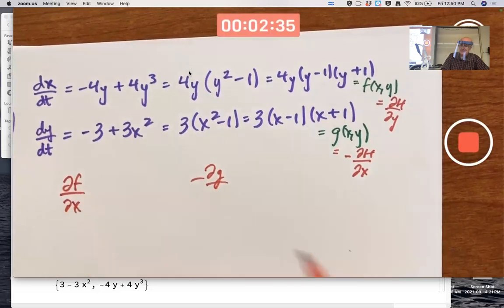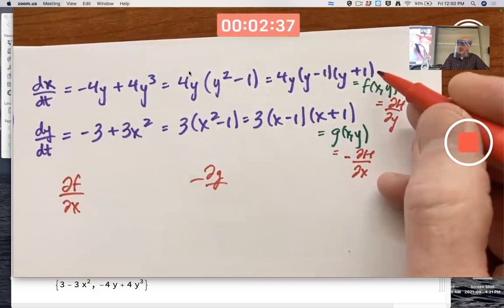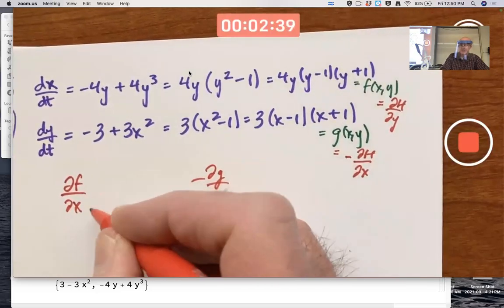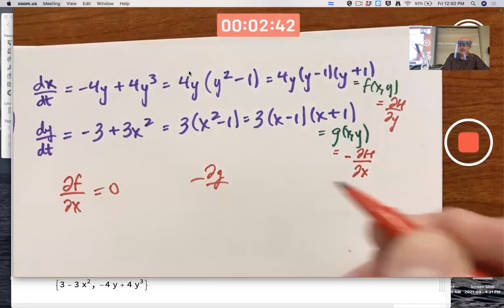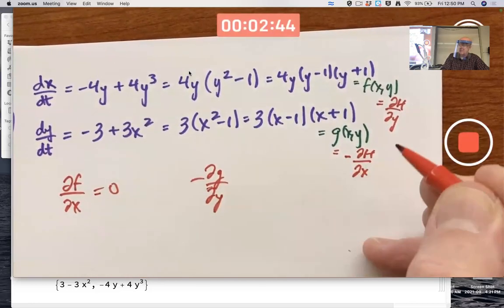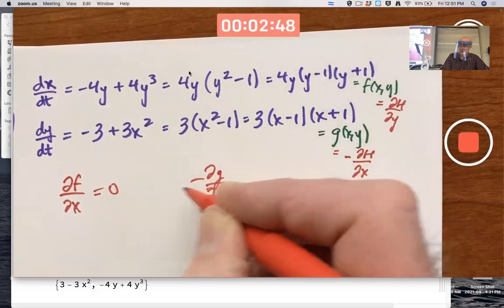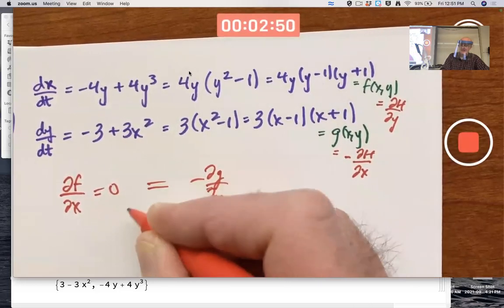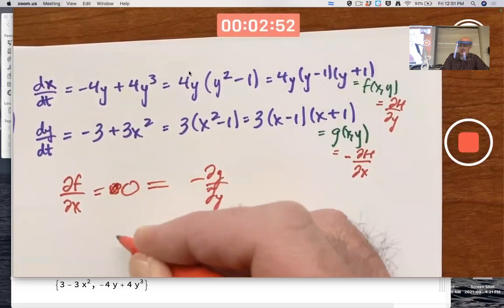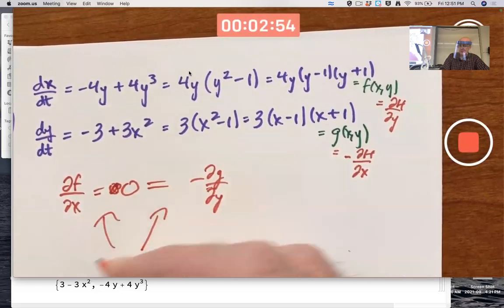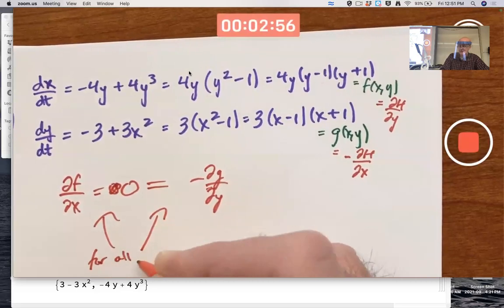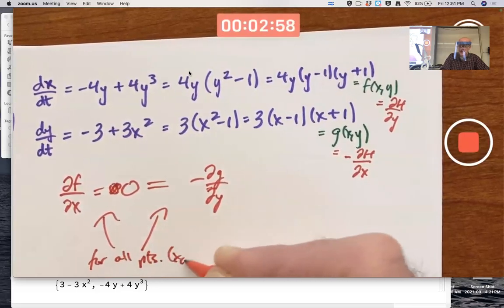Well, f doesn't really depend on x, so its partial derivative with respect to x is always 0. The partial of g with respect to y, since g doesn't really depend on y, is also always 0, including with the negative sign. These are equal, and they're both equal to 0 for all points x, y.